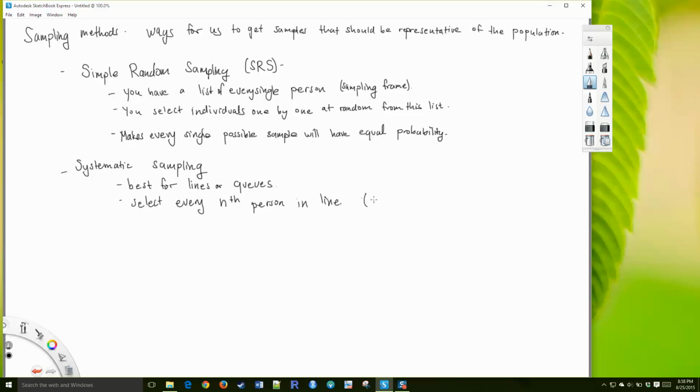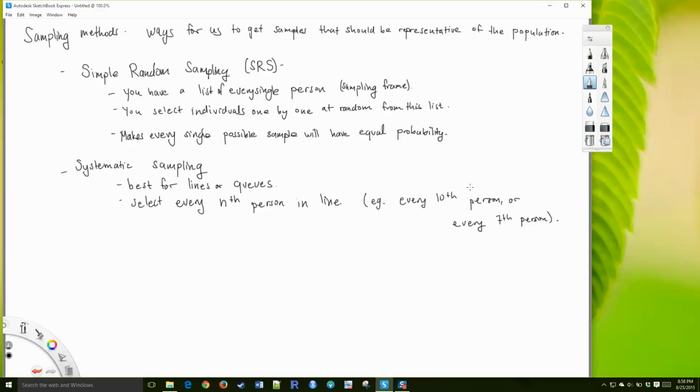So for example, every 10th person or every 9th person. Select every nth person, N being just a whole number. So every 10th person or every 7th person, whatever number you pick. Okay? So people are going through in a line, and you say 1, you go, and then 2, 3, 4, 5, 6, 7, and then 1, the next person goes, or something like that.